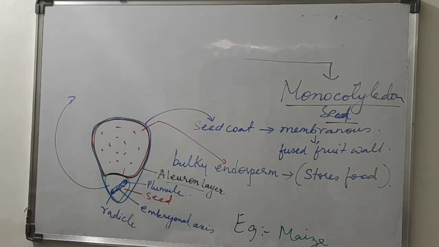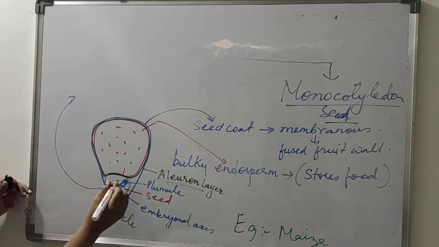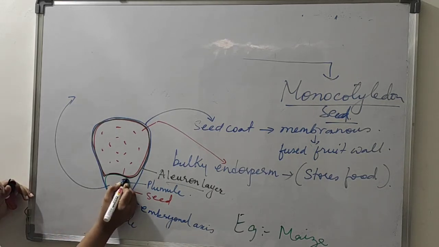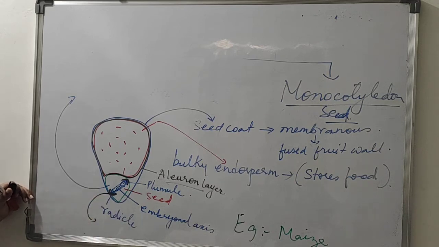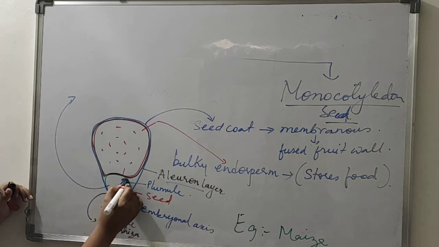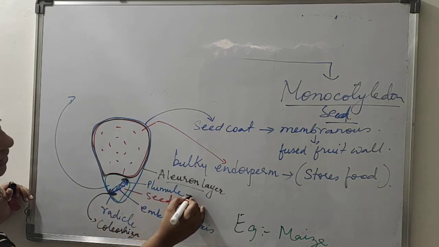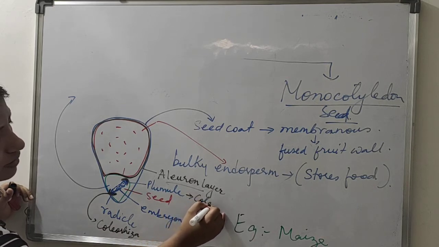But there is one difference here. Here the plumule is covered by a protective sheet and the radicle is also covered by a protective sheet. The protective sheet of the radicle is known as coleorhiza, and the protective covering of the plumule is known as coleoptile.